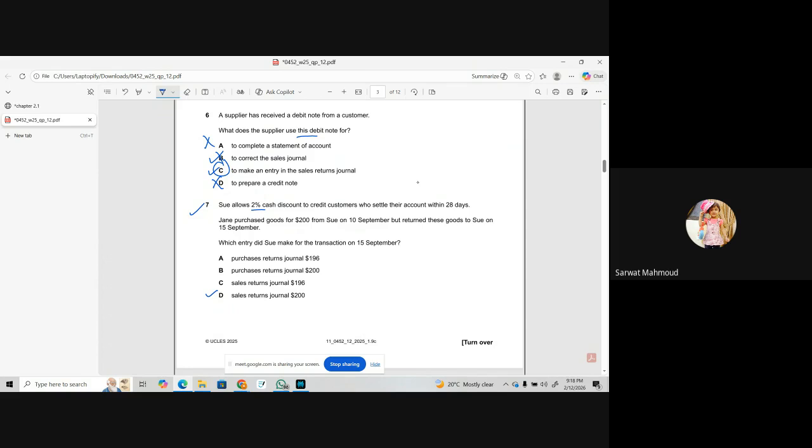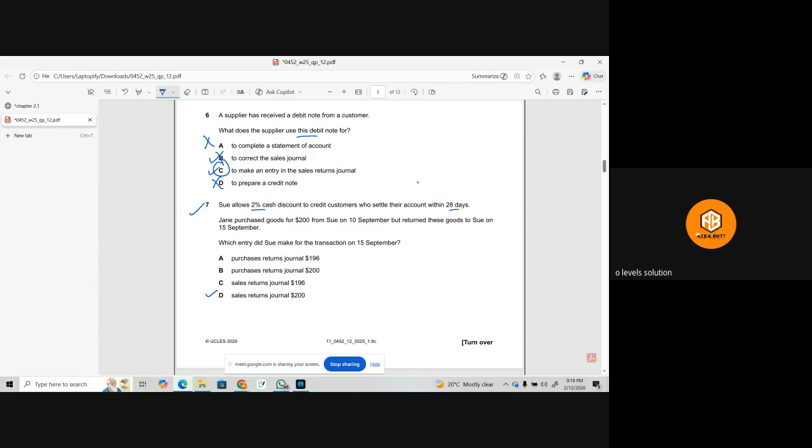Wait, didn't she settle her account within 28 days? So why isn't the cash discount applied? She did it before 28 days. Yeah, so Sue allows a 2% cash discount within 28 days.